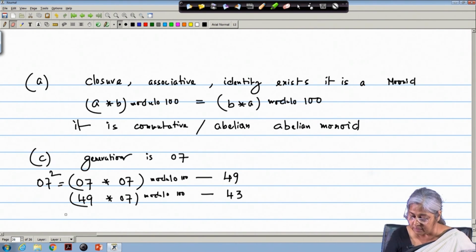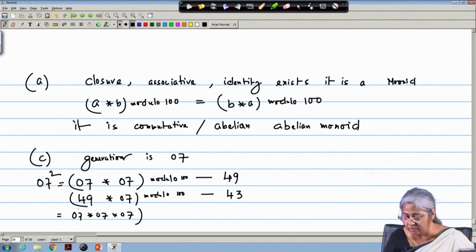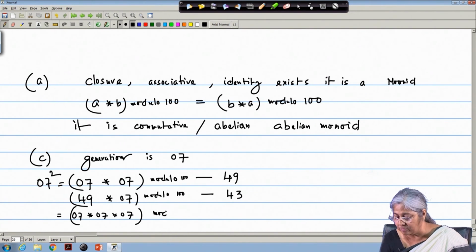I can write the same thing as 07 star 07 star 07, taking power 3 modulo 100.